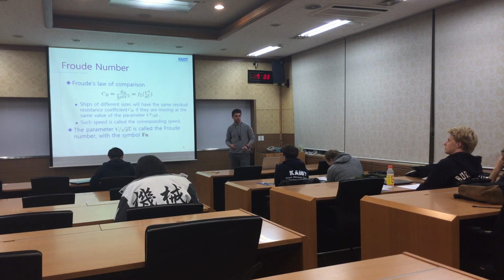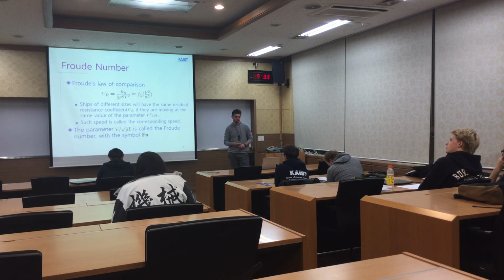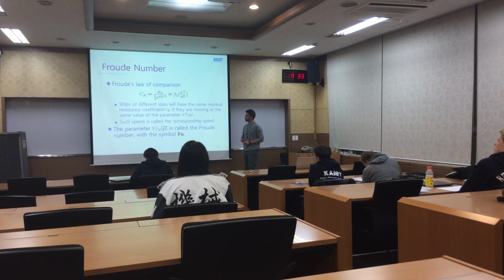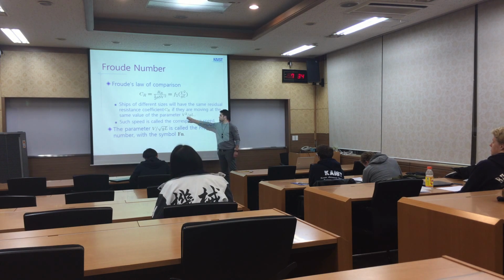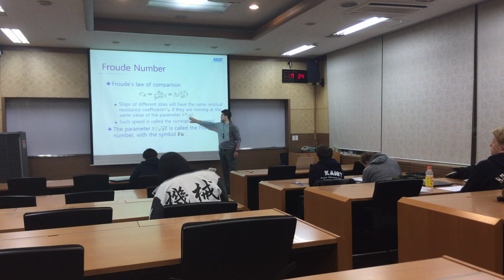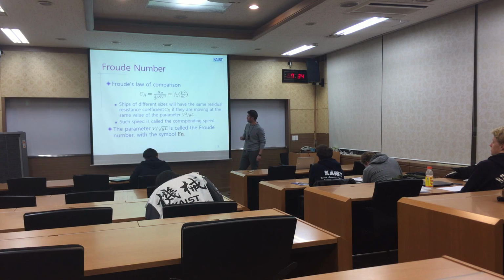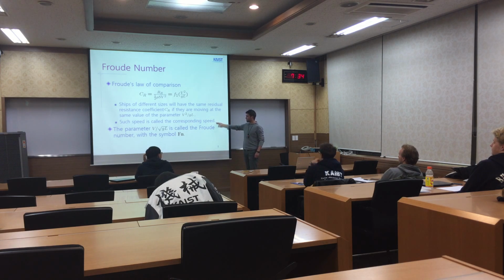And there he creates, of course, a Froude number, and this number says that you can compare a model and a real-life ship when you consider this parameter. So the speed squared over the gravity times the length of the ship. And this speed is called the corresponding speed.